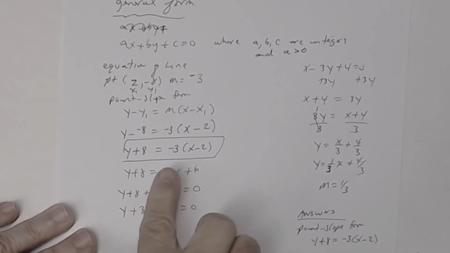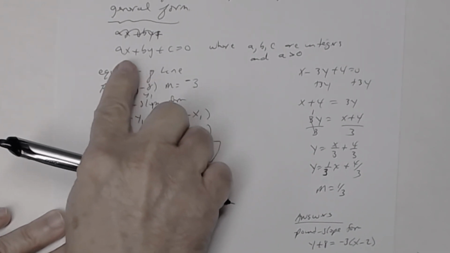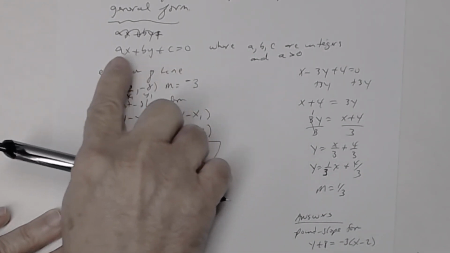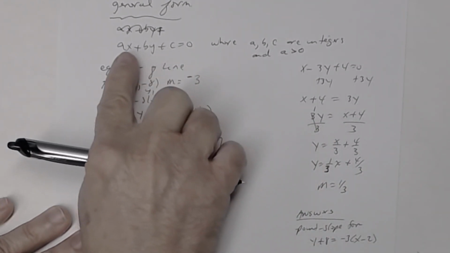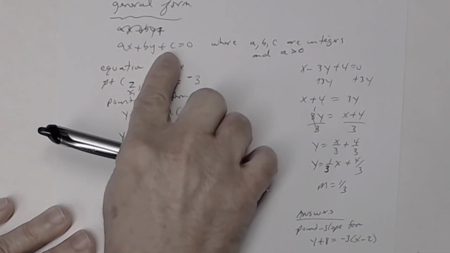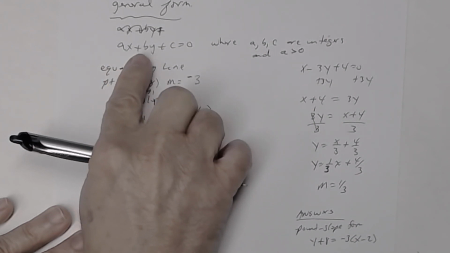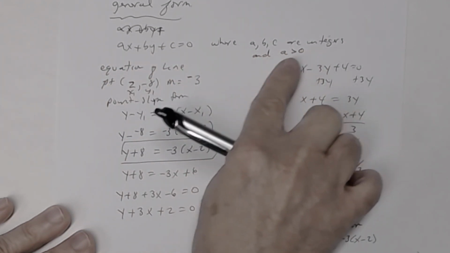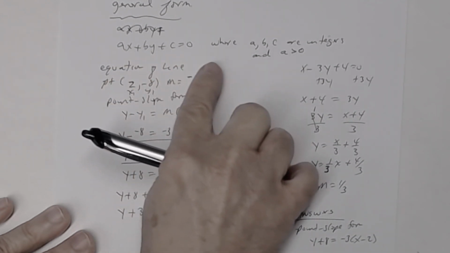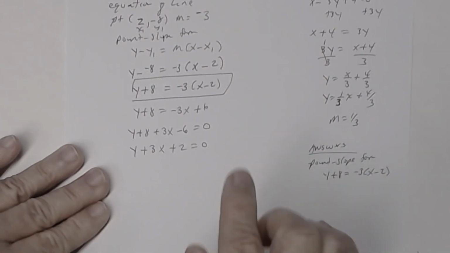Now remember, you want to put this in general form. So you want to write in this order: ax plus by equals c. Notice that a, b, and c, the coefficient of x, the coefficient of y, and your constant, have to be integers, and the coefficient of x must be positive. So that's how you want to write it.